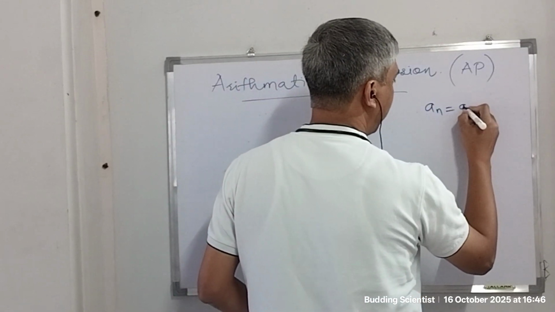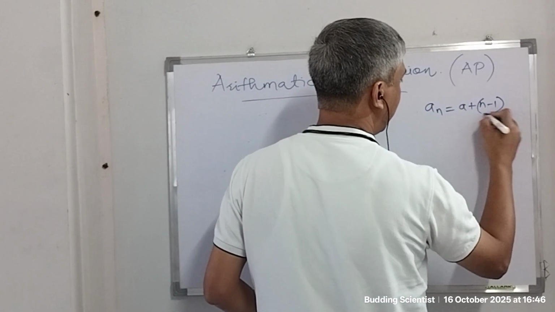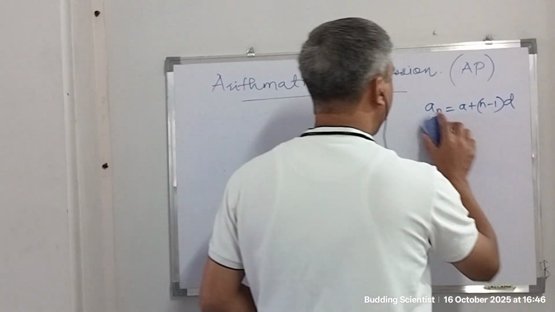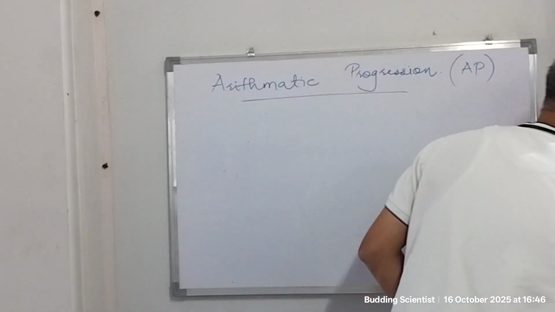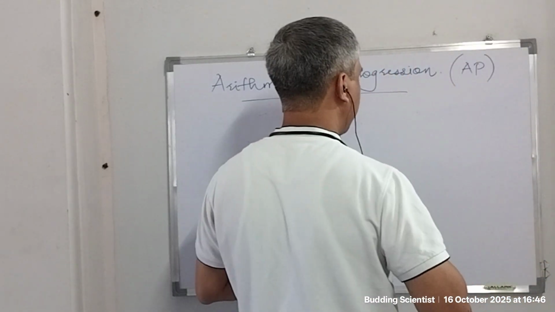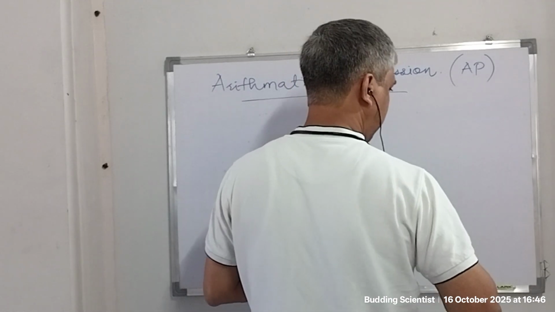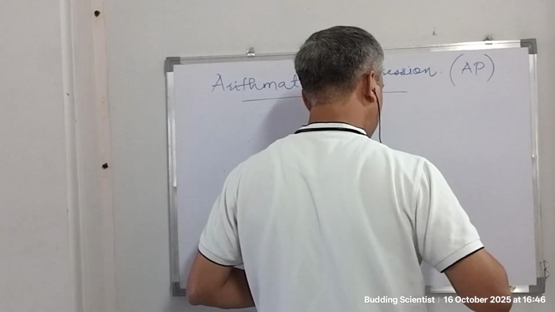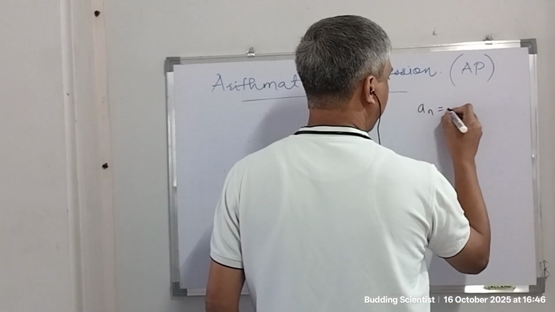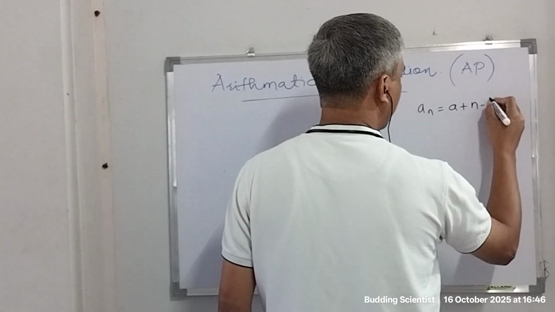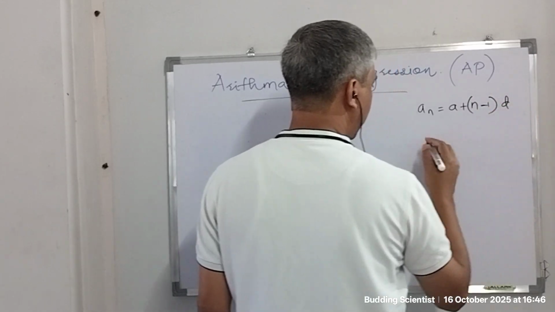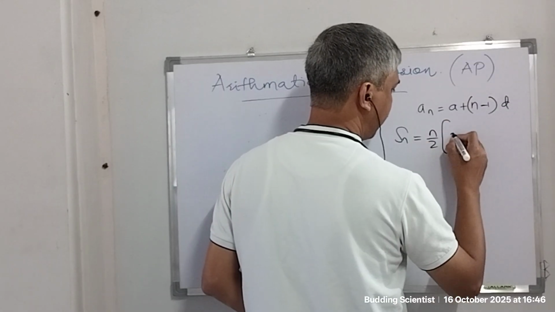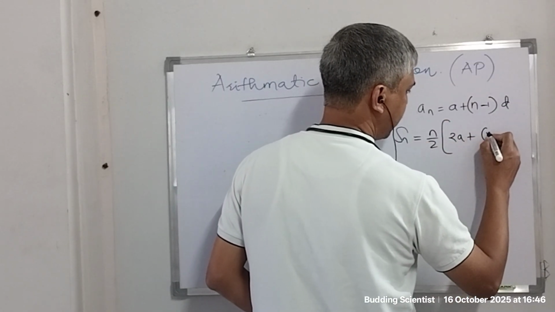An is equal to a plus n minus 1 into d, and Sn is equal to n by 2 into bracket 2a plus n minus 1 into d.